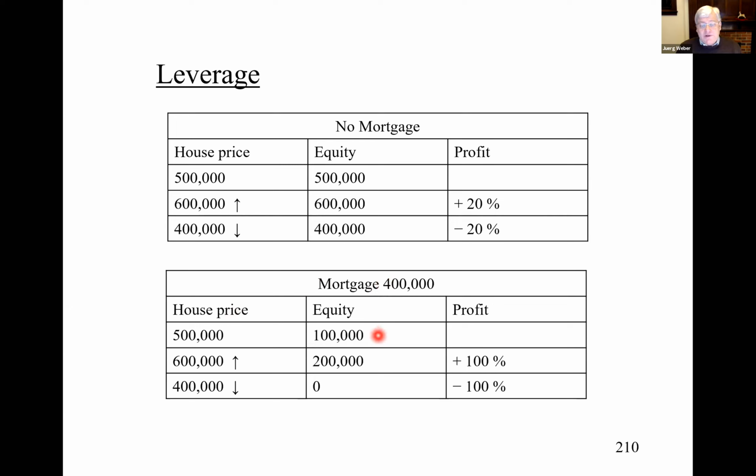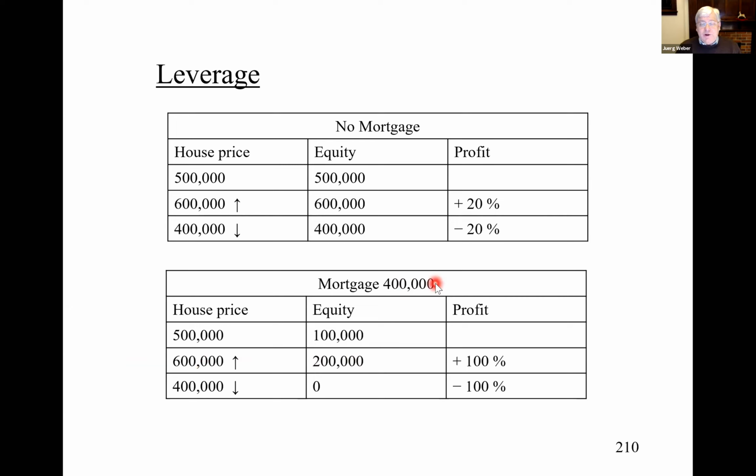So the equity of the house buyer is only $100,000. Again, if the house price increases later on, now the equity will rise to $200,000. So the equity is now $200,000 because the price is assumed to be $600,000 later on, and the mortgage is still $400,000.